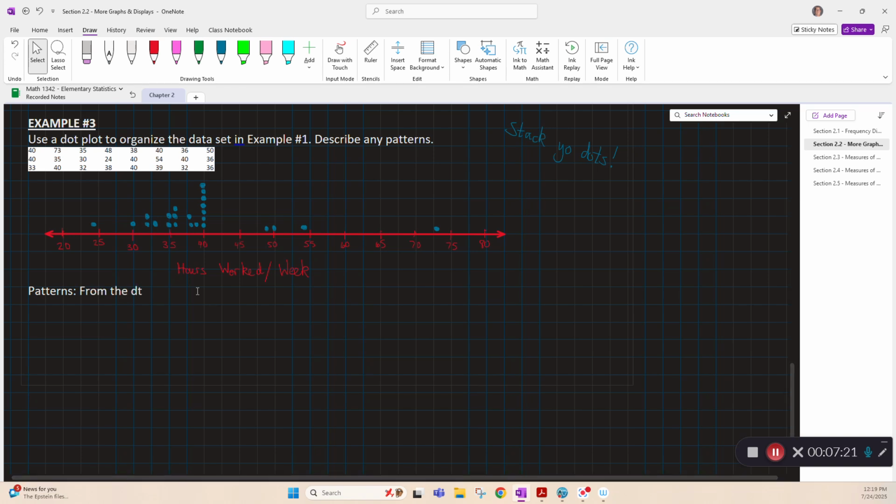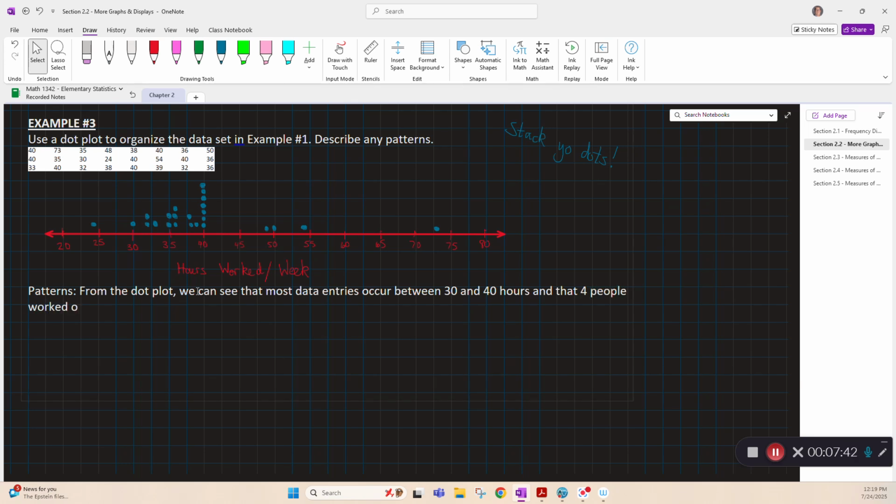From the dot plot, we can see that most data entries occur between 30 and 40 hours, and that 4 people were over 40 hours, and 1 person worked under 30 hours.